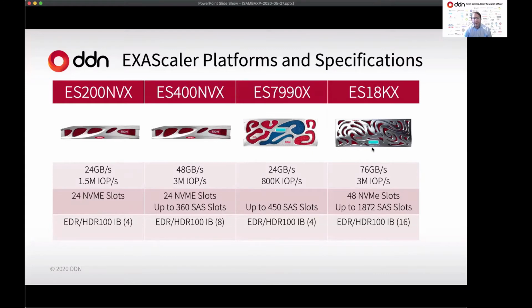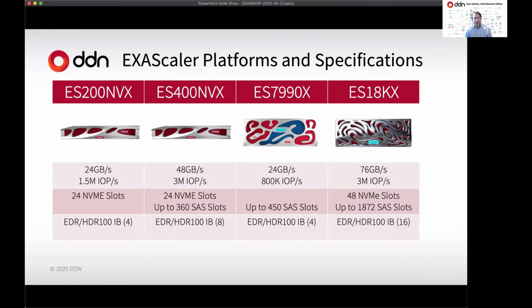And the 18K is our largest scale system. It delivers over 76 gigabytes per second throughput, 3 million IOs per second in a single chassis, fits 48 NVMe drives in the head, but then you can attach up to 20 expansions to it. So it can basically build a 25-ish petabyte storage system with a single head unit.